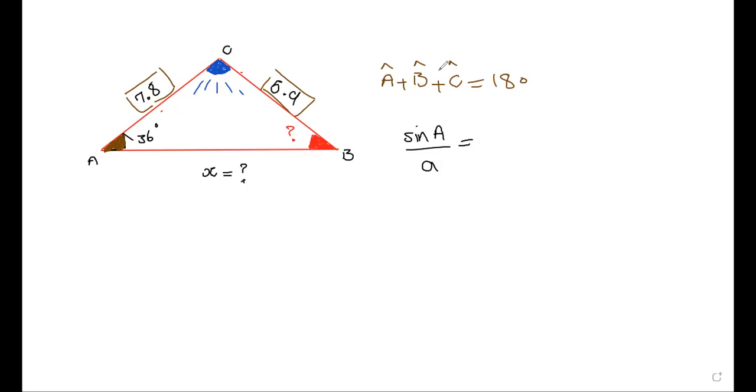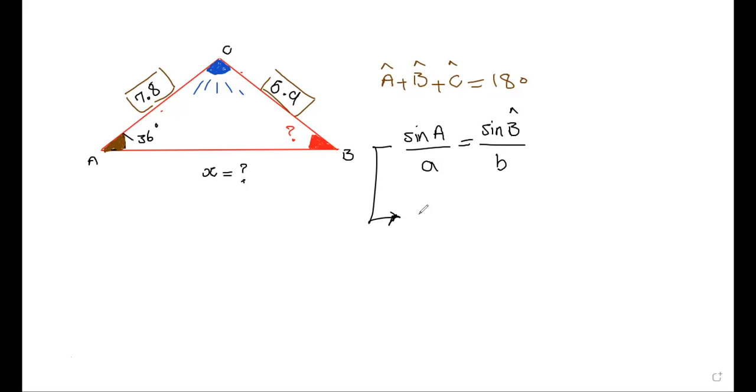Now, in order to find it, I say that I do not know the angle. I call it sine B. However, I know the length associated with it, which is 7.8. Let me write B here, because then I'm going to put the numbers there. This is the ratio that we build from the king's law, the sine law.